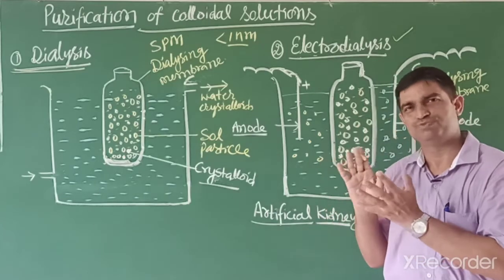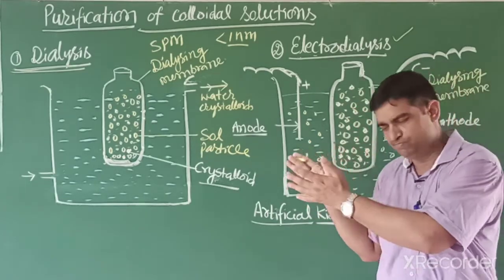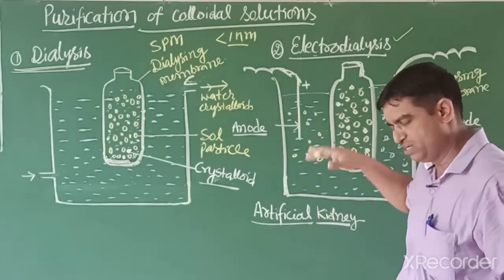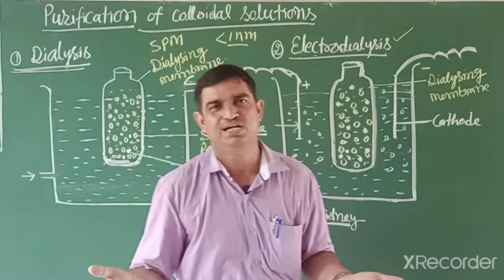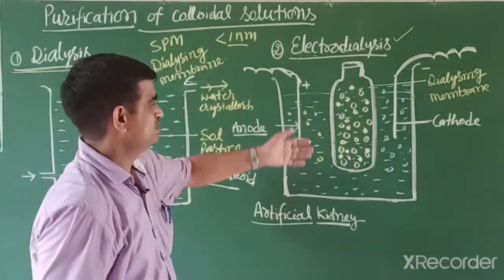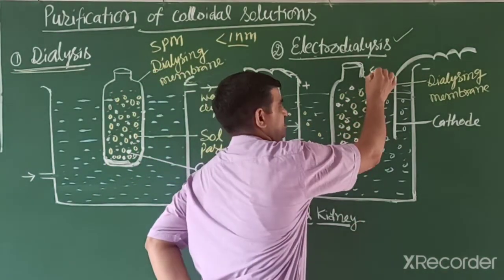But this process should be applied for a short time. If we apply it for a long time, then all the electrolyte is removed and the colloidal particles are left with no charge, so ultimately they settle down and precipitate out. So we use a semi-permeable membrane to separate in this.